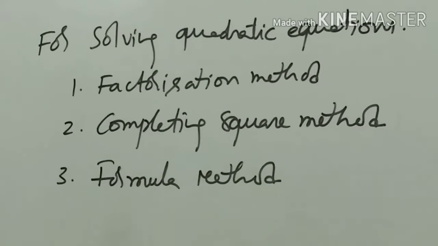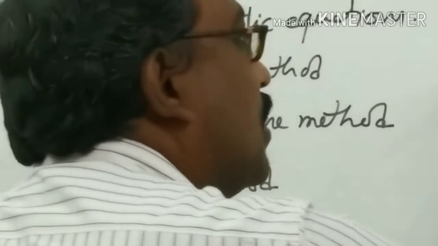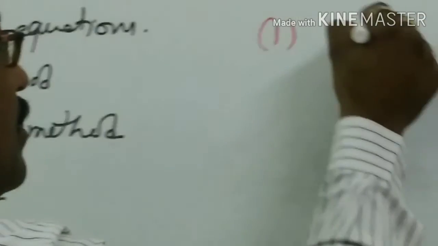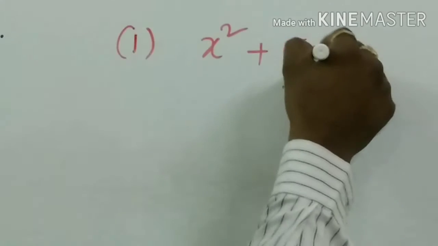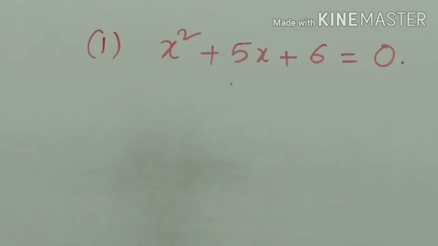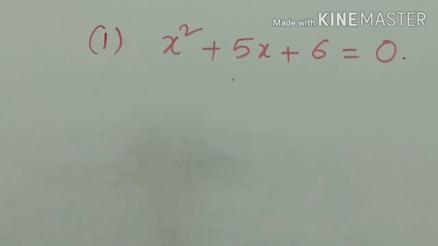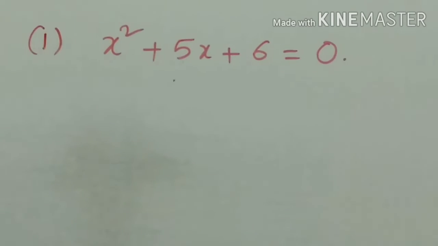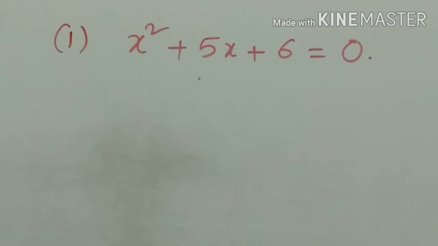Factorization method. I'll give you one example for solving by the factorization method. Solve x square plus 5x plus 6 equal to 0. Already we did this in 9th standard, once again I am explaining.